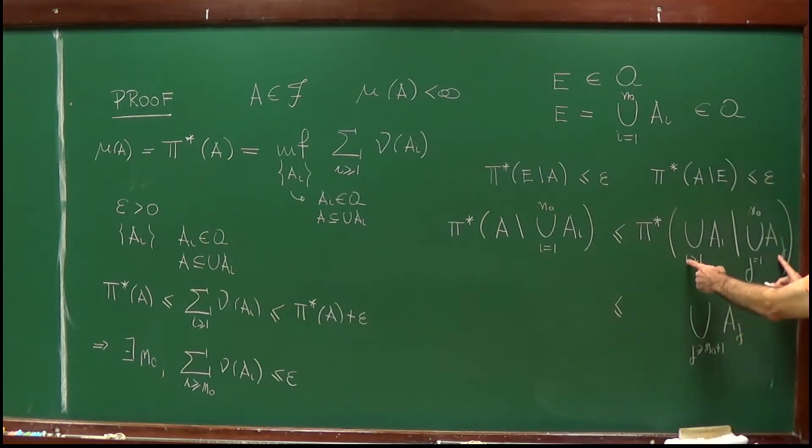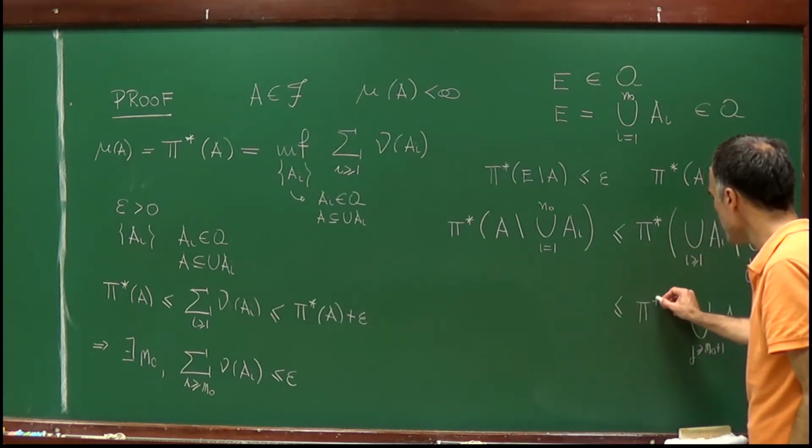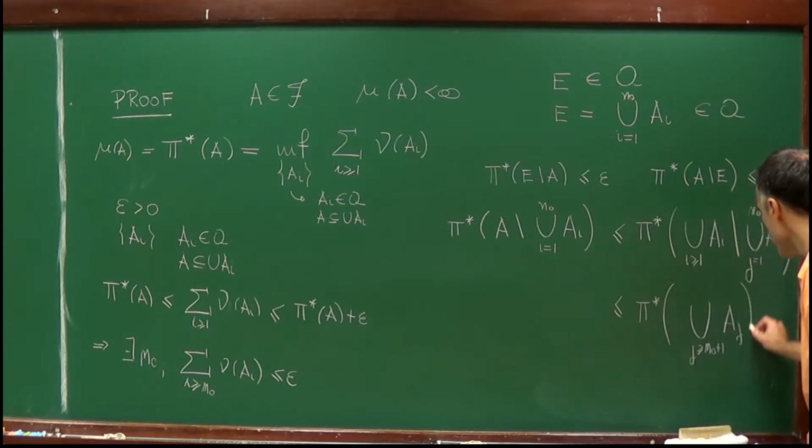Right? So this set is contained in that one because the points in these sets are points which are in the union but which are not in the first n0. So they have to belong to one of the AJ for J greater than n0. Since this set is contained in that one, the measure of this set, by monotonicity, is bounded by that one.